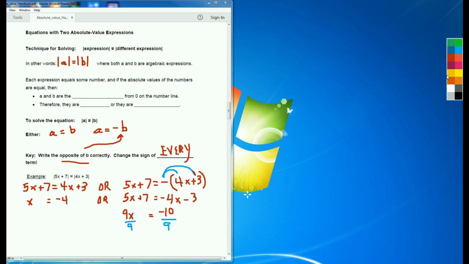And we end up with x equals negative 10 ninths. Okay, so two solutions, either x equals negative 4 or x equals negative 10 ninths.